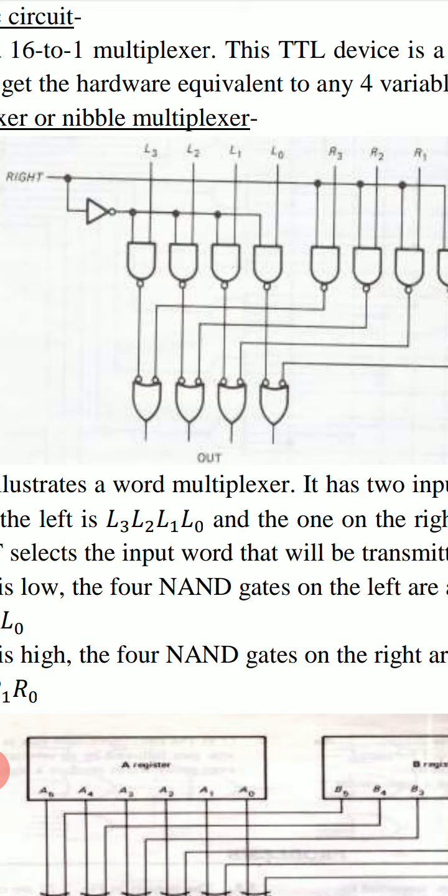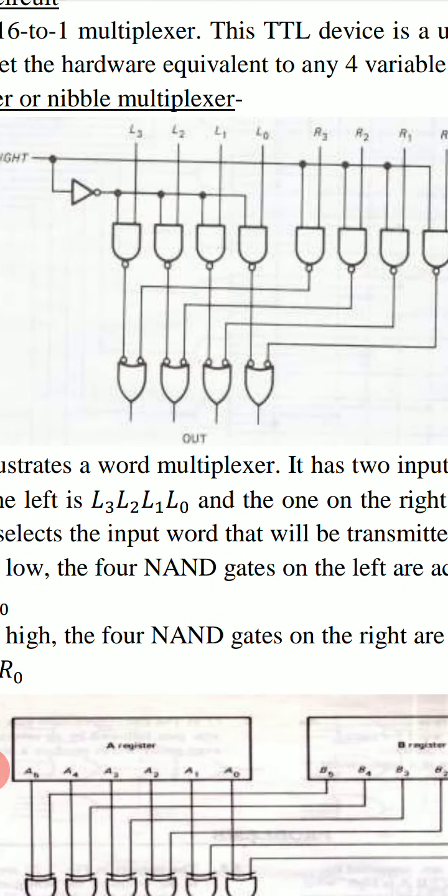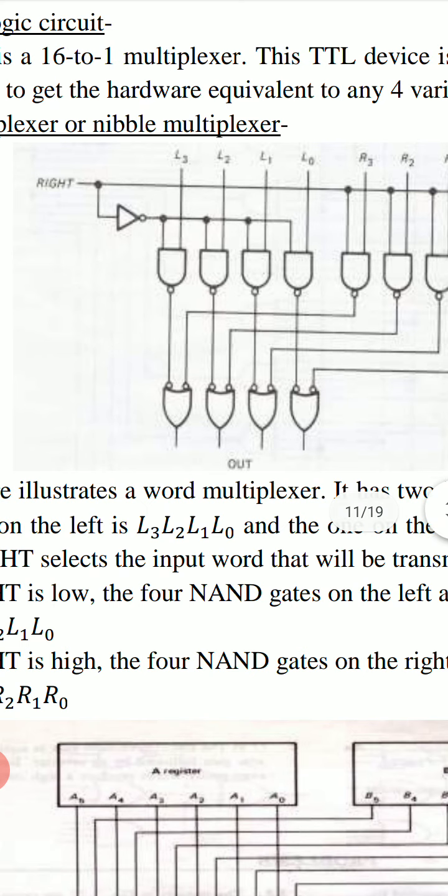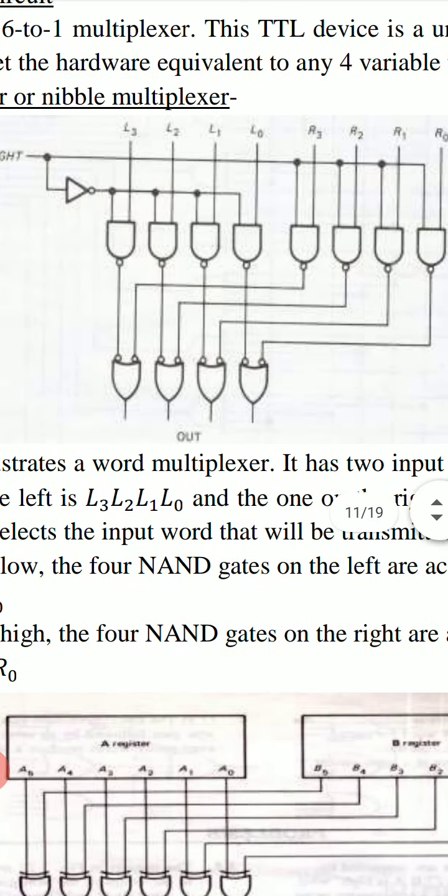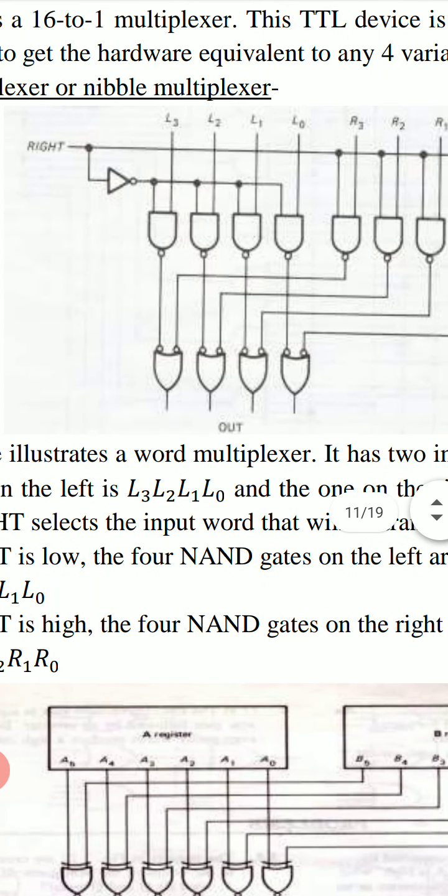To find the right word in this output, we have to put this control bit as 1, and to produce the output as the left word, we have to put this control bit as low. So if the control bit is high, then the right side word is obtained, and if the control bit is low, then the left side word is produced.